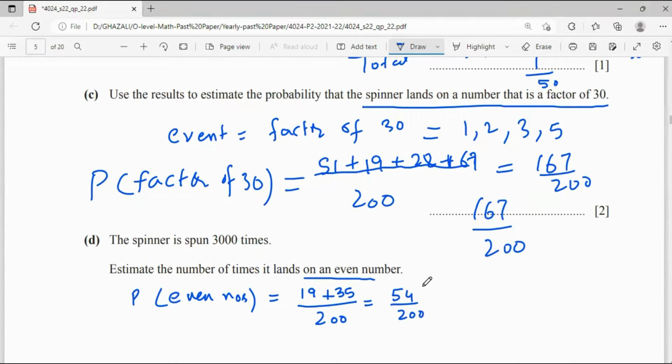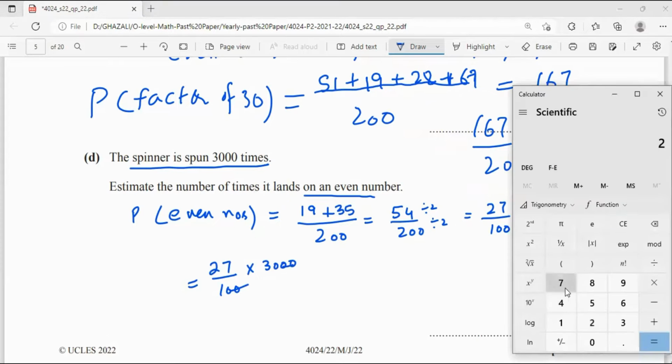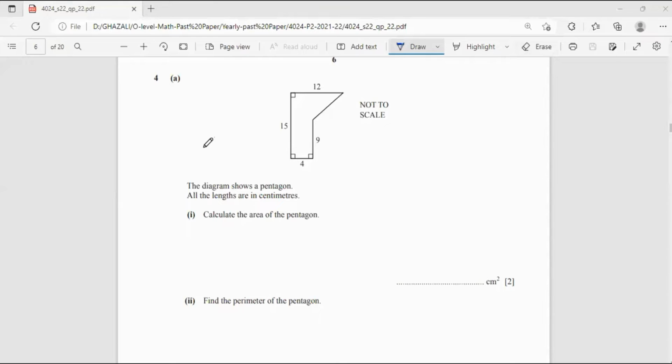Dividing by 2, we get 27 over 100. Now the number of times it lands on an even number is 27 over 100, but the winner spins 300 times, so we multiply 27 by 3, which is 81.